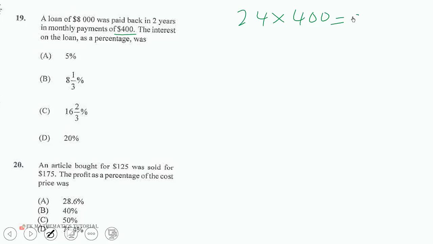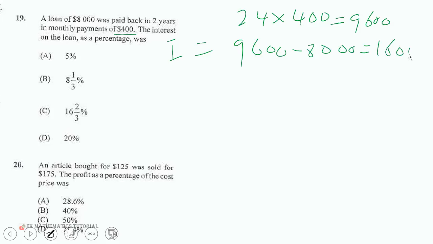So this will give us 9,600. So that is the amount you end up paying. So the interest will be 9,600 minus 8,000, which is equal to 1,600.